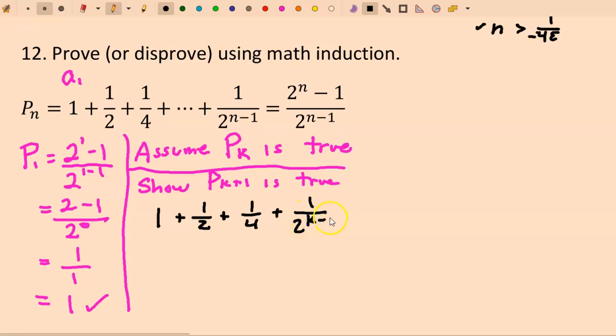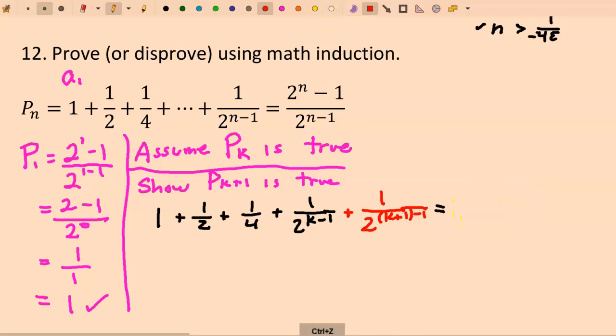And what is the next number after this one? If I increase k by 1, I'll have the next term, which will be 1 over 2 to the k plus 1 minus 1. And if I have a new term here, that's going to be the same as if I plug in k plus 1 into here. So it should add up to 2 to the k plus 1, minus 1.